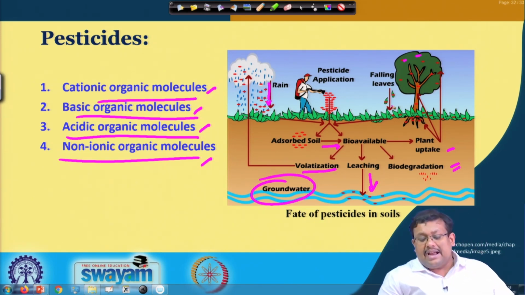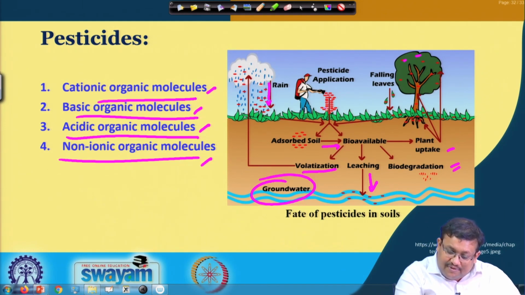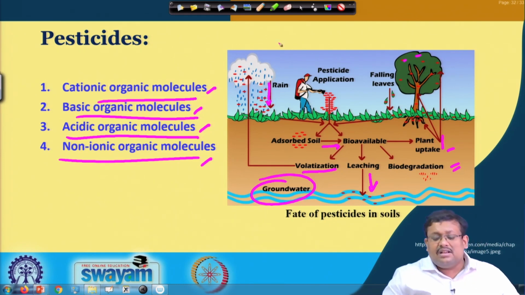This slide is comprehensively showing the fate of pesticide in the soil. Again, we apply the pesticide, a certain amount gets adsorbed, and another portion becomes bioavailable. Some portion of the adsorbed pesticide is converted to the bioavailable form, from where plant uptake, biodegradation, leaching and volatilization occur, and the volatilized pesticide residue can return to the earth surface in the form of rain.